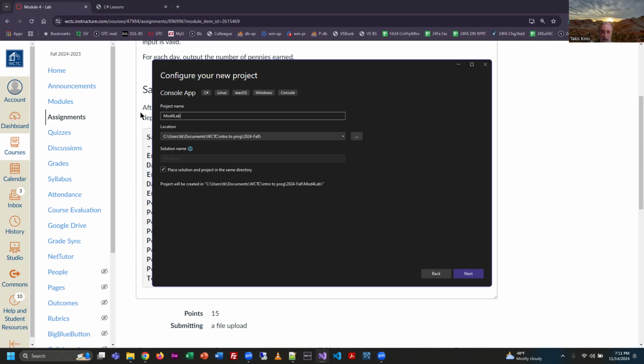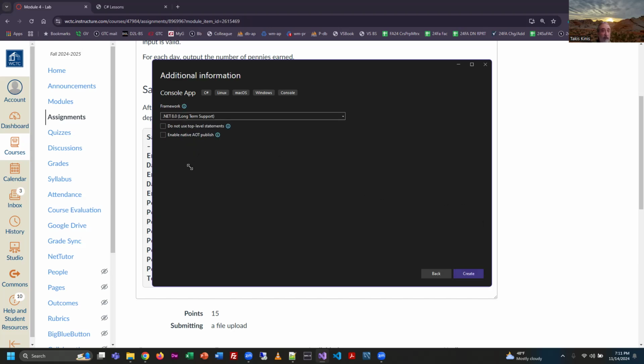And was it salary calculator? Salary. I'll just call it salary calc. How about that? Go with the defaults on everything. We are not going to use top level statements for this, at least at this point. I will start to pepper that in once in a while here, just so you guys can see the usefulness of it.